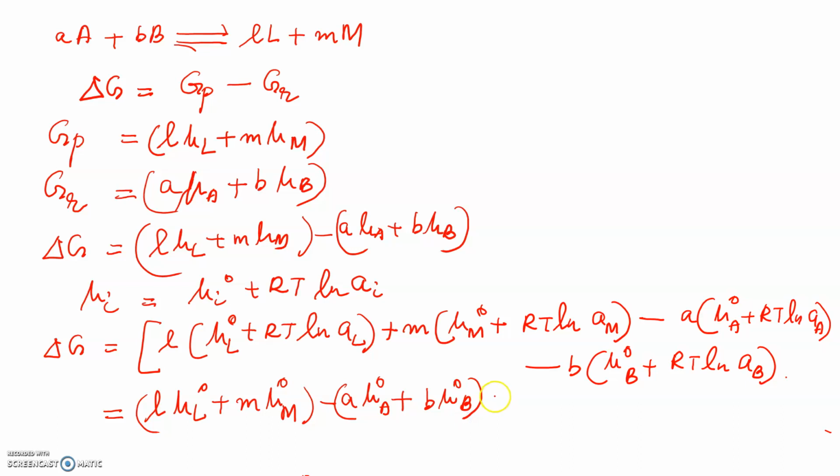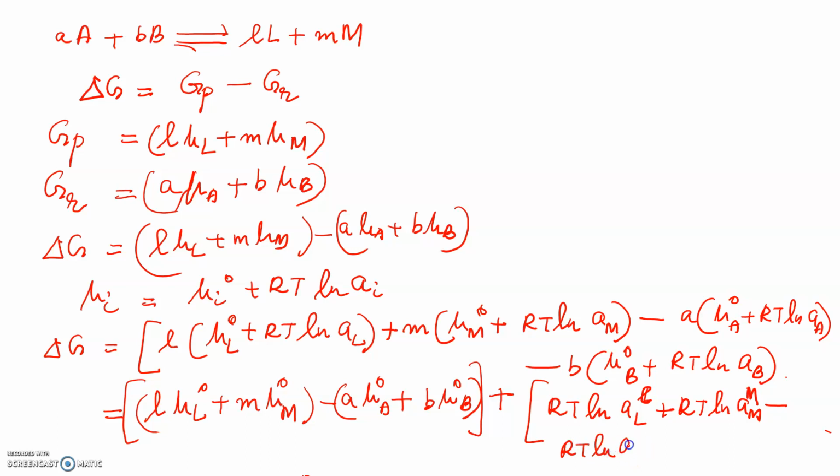What is left is plus RT ln a L raised to l, which can be written as RT ln a L raised to l plus RT ln a M raised to m minus RT ln a A raised to a minus RT ln a B raised to b.